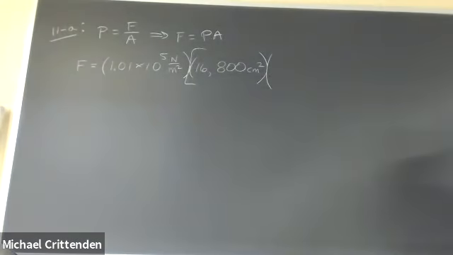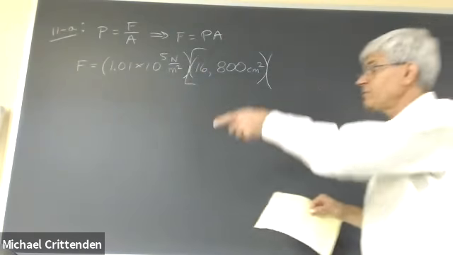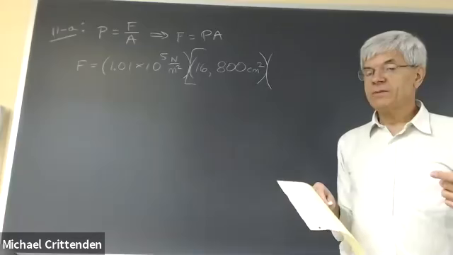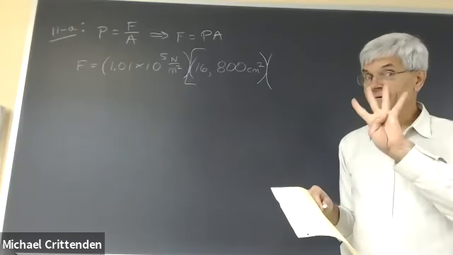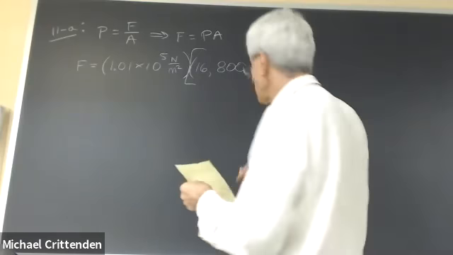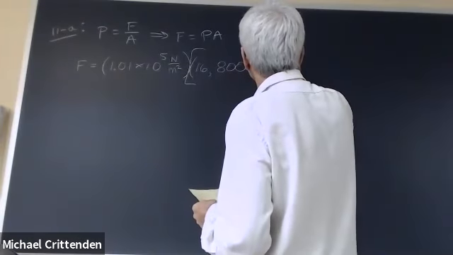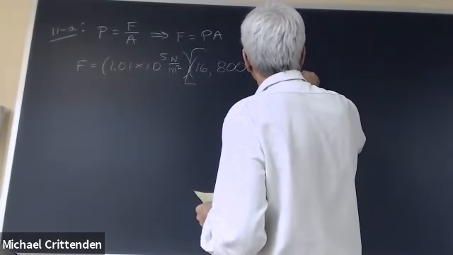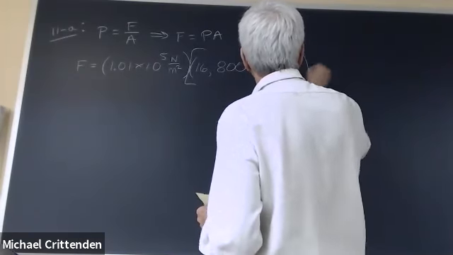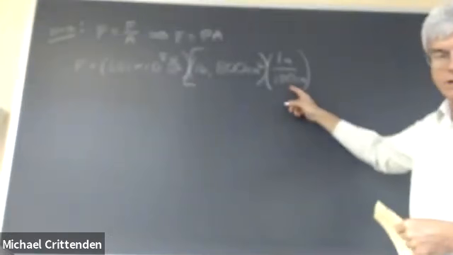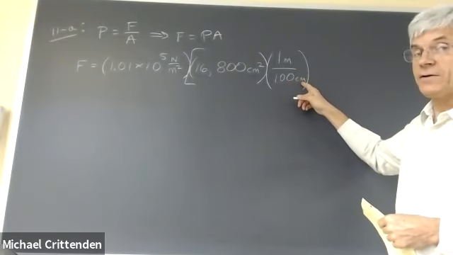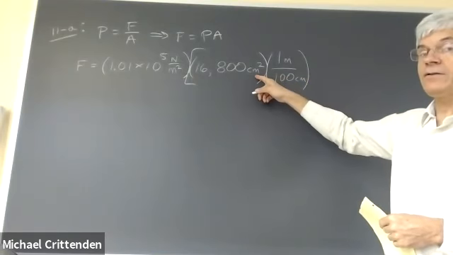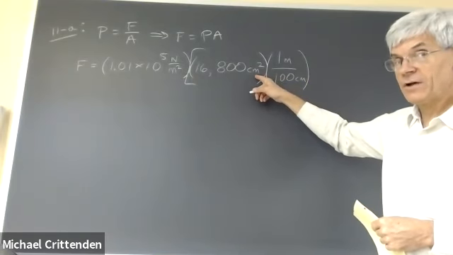A lot of people realize that they need to convert so that the units match, but they do it by moving the decimal 2 places, and it should be 4. 1 meter equals 100 centimeters, but centimeters to the first power does not cancel with centimeters to the second power.